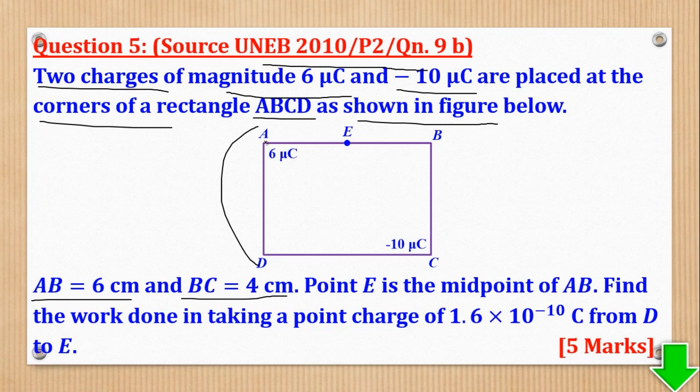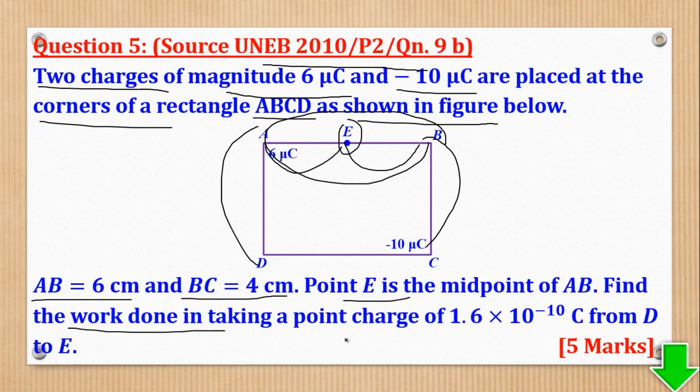Point E is the midpoint of AB, meaning if this is 6, then from here to here to be 3, and from here to here to be 3. Find the work done in taking a point charge of 1.6 exponent negative 10 Coulomb from point D to point E.